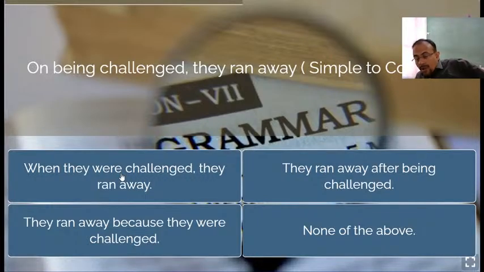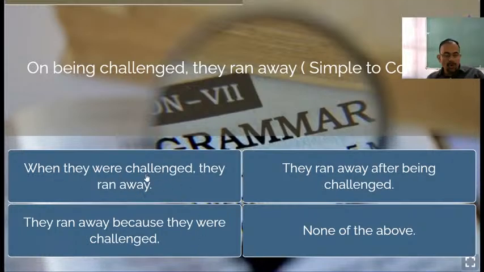Connector is also one of the most important clues for identifying a complex sentence. So the connector here is when. Always remember, if there is a connector like what, when, how, whom, who, then these sentences can be called a complex sentence. Okay, so please do remember.